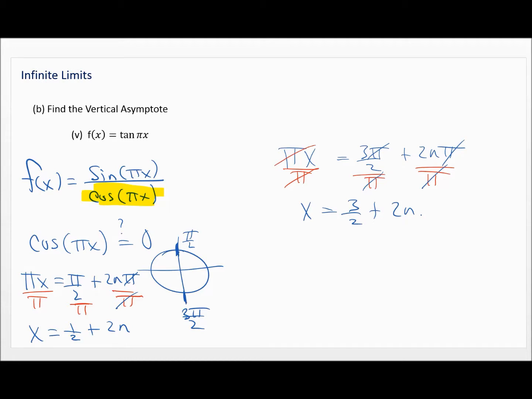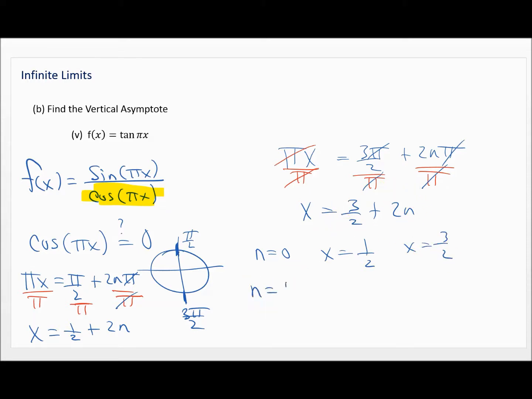So what does that mean? Well, if I plug those values into sine, you know sine and cosine don't have the same 0 values at all. So if I take one of these, and we can list them, like if n is equal to 0, then that would give me x is equal to 1/2 down here, and x is equal to 3/2 up here.